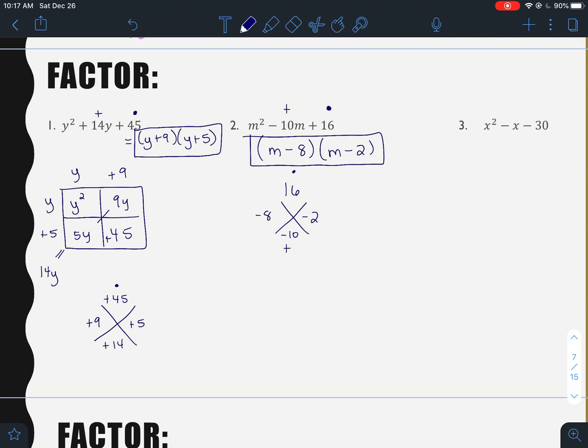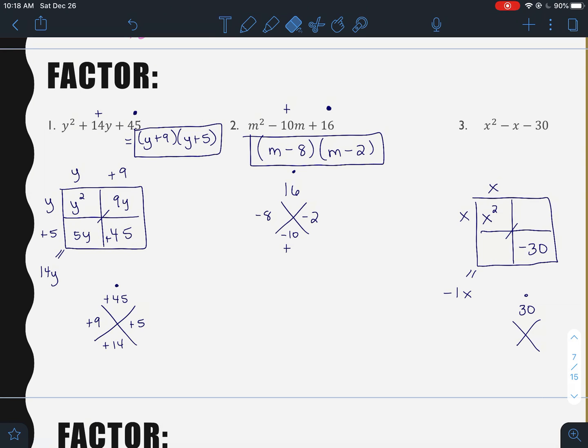All right, x squared minus 1x minus 30. So let's do the box method again. So I know the first two terms multiply to x squared. The last two terms multiply to negative 30. And then when I combine those two diagonal boxes, I get negative 1x. So I know I need an x and an x. And then I need two numbers. When I multiply them, I get negative 30.